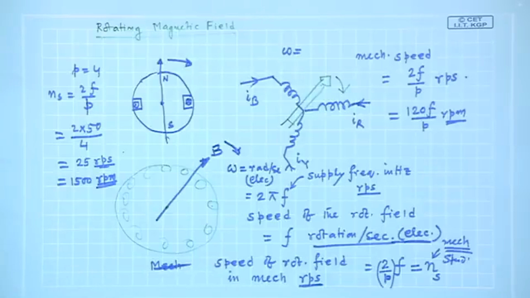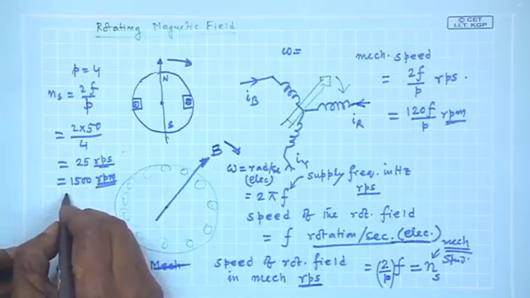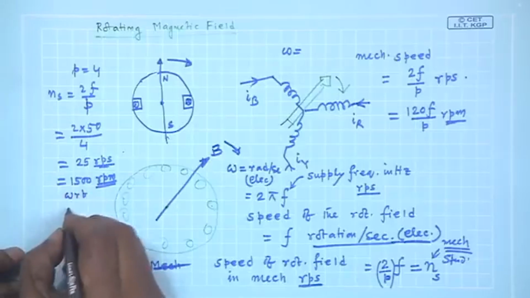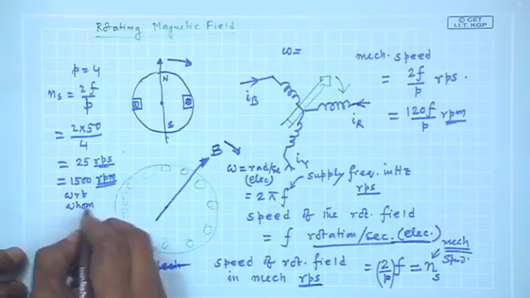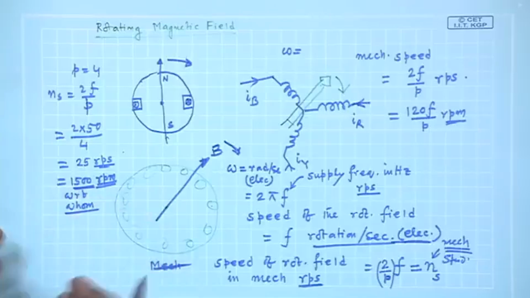It is understood that somebody is stationary with respect to whom it is moving. A train is moving at 250 kilometer per hour, it is with respect to a stationary observer. Similarly, while talking about the speed of the rotating field, do not forget to mention with respect to whom. This speed you are telling, 1500, with respect to whom is it moving?